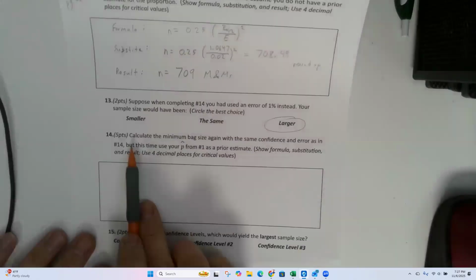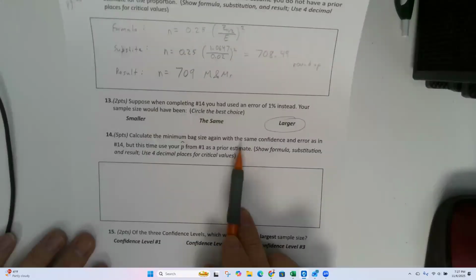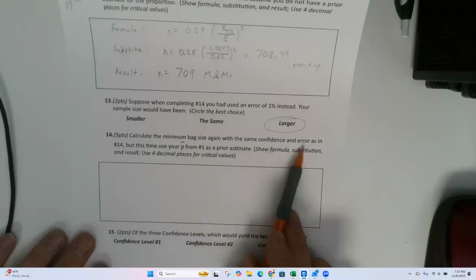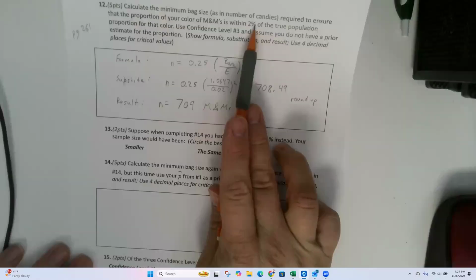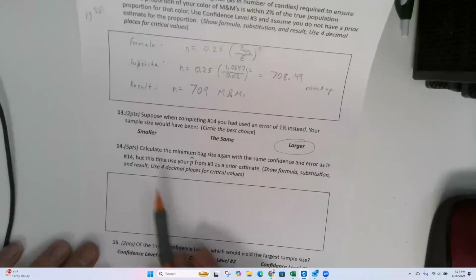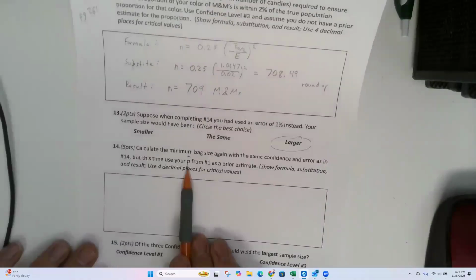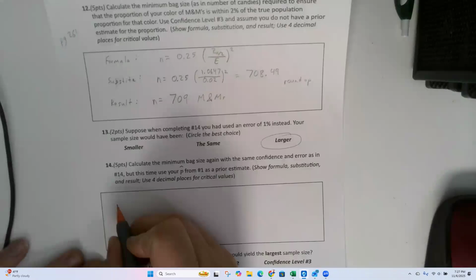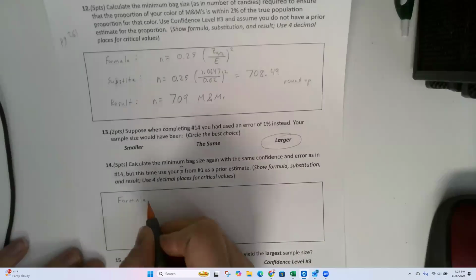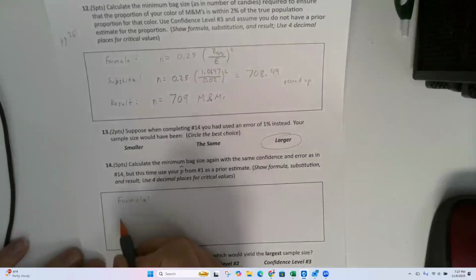Let's calculate the minimum bag size again, same confidence level and error rate as number 14. So 2%, same thing, but this time use your p hat. So this is what we should have done, okay? Because we actually did have a prior estimate.